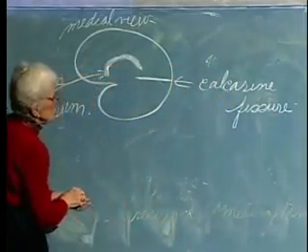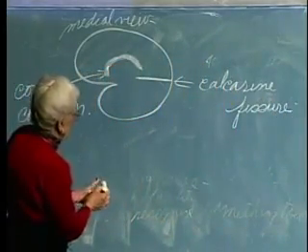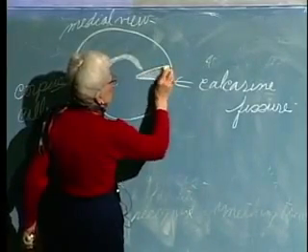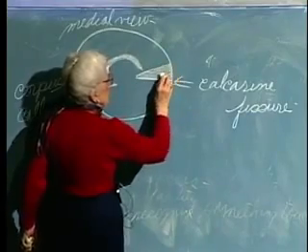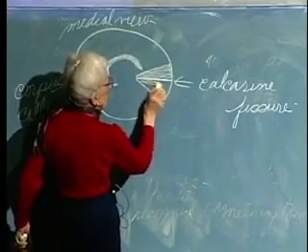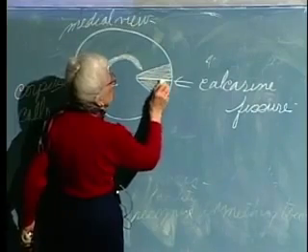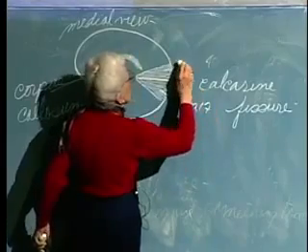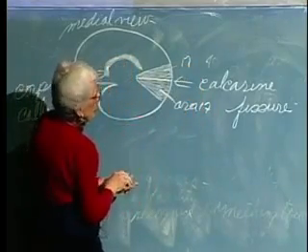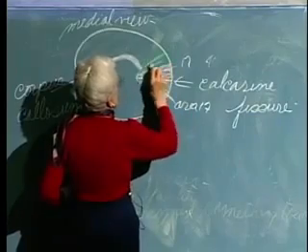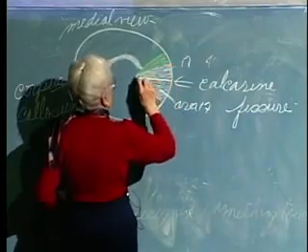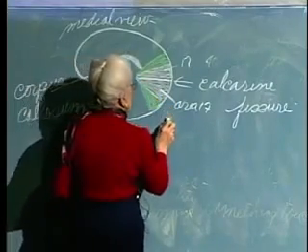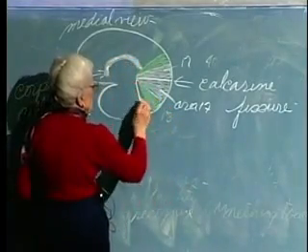So, adjacent to the calcarine fissure, we will have a healthy representation of area 17. Then followed by 18. Followed by 19.